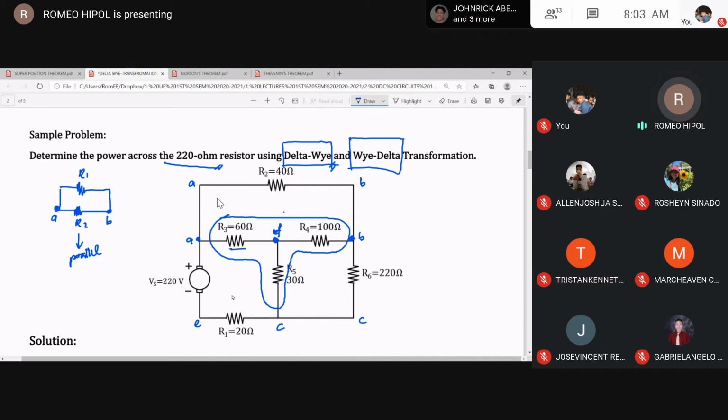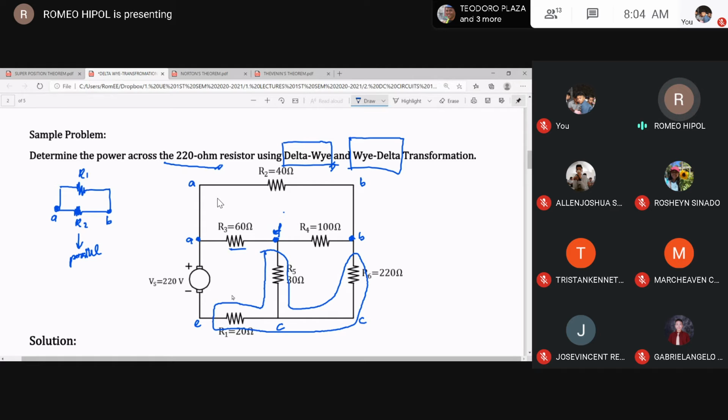So, we have a common junction. Connected yung 3 branches at the same junction. Naintindihan? So, ito yung Y connection natin. So, pwede natin itong gamitin, kasi yung R6 hindi naman siya connected sa branch. Okay. May isa pa tayong another Y connection. Ito actually, pwede nyo i-consider to as Y connection.